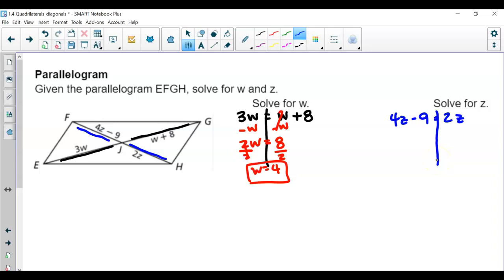Now, this is a key when solving: if I see a variable by itself, if it's alone, leave it alone. I'm going to gather the 4Z and subtract 4Z from both sides, bringing down -9, which is equal to -2Z. Now dividing both sides by -2, you end up with Z is equal to 9 over 2.